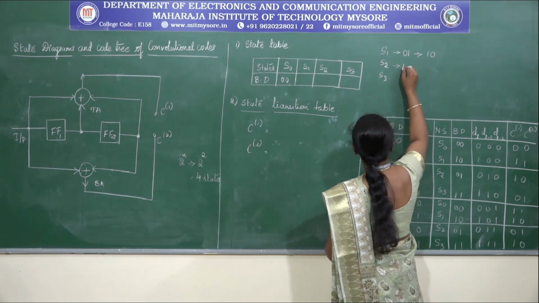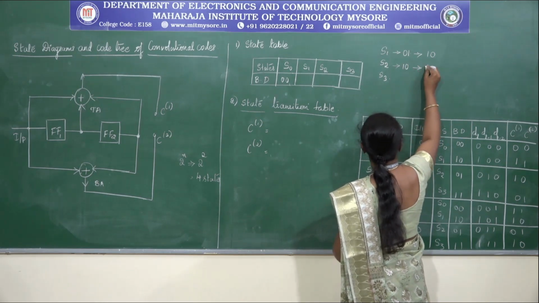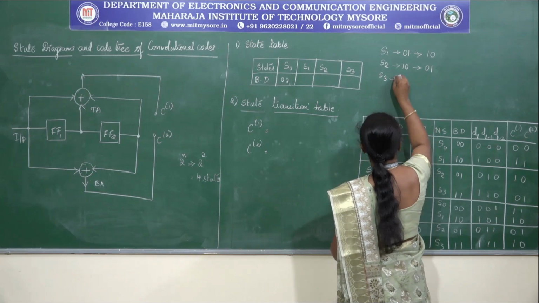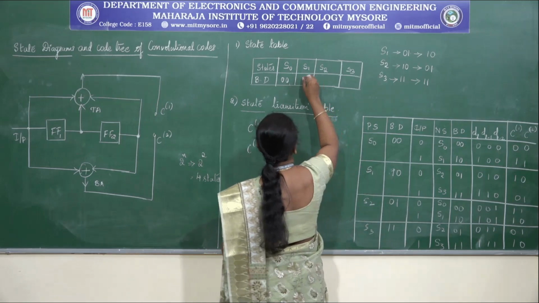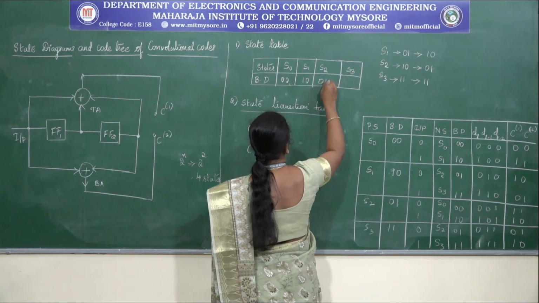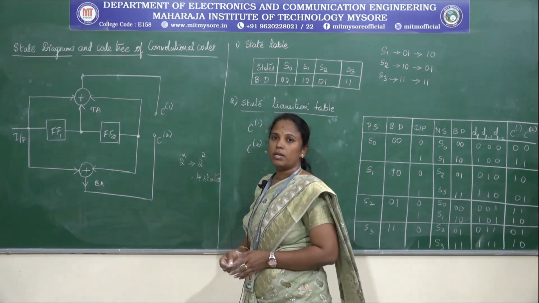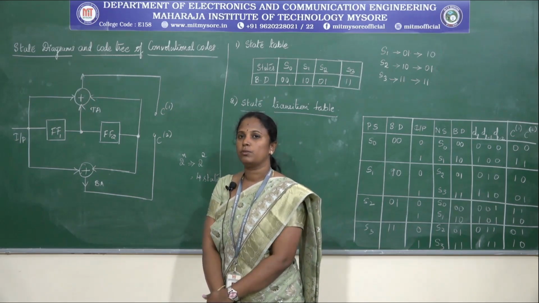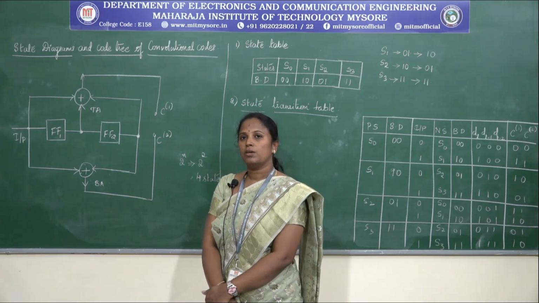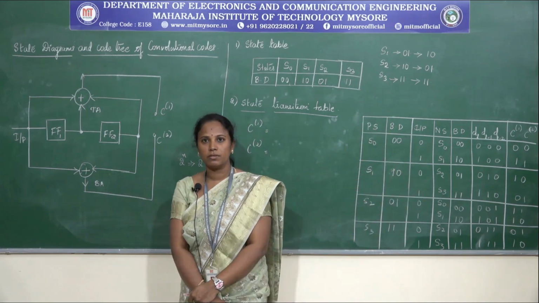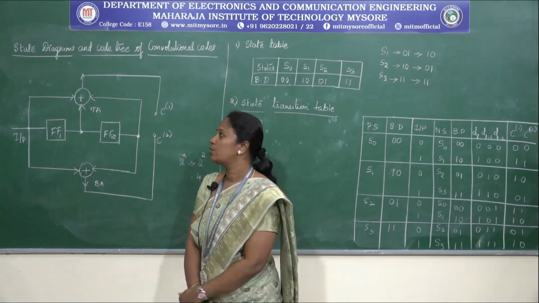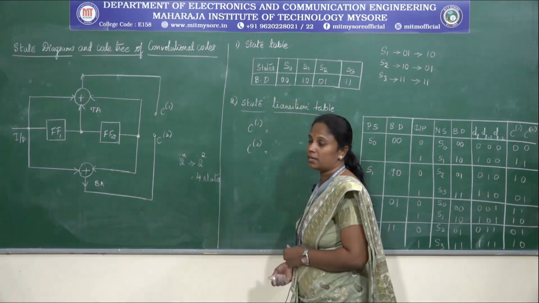Similarly, S2 is usually 1, 0, but we represent it as 0, 1. And S3 is 1, 1. So we have 0, 0, 1, 0, 0, 1 and 1, 1. Suppose we have 2 to the power of 3, that means 8 states. For that also you need to apply this: you have to reverse the code, and those reversed codes will be represented in the state table.